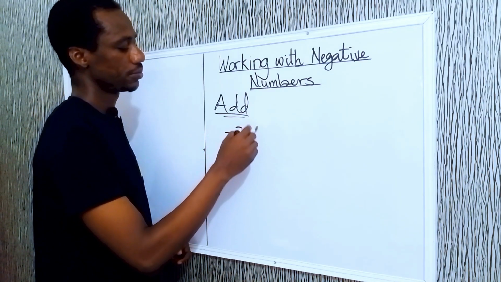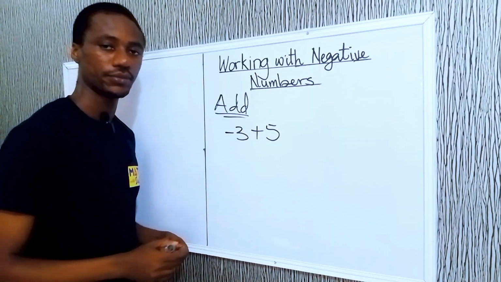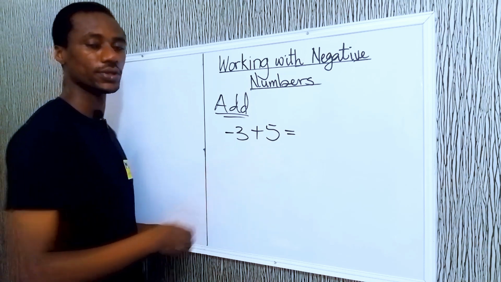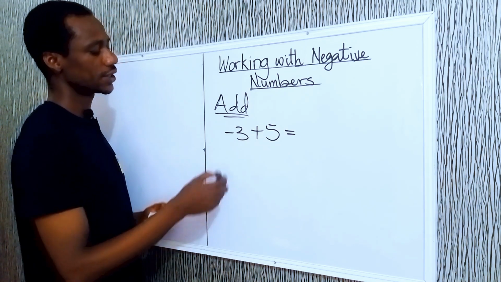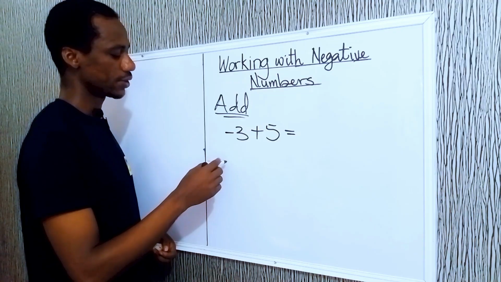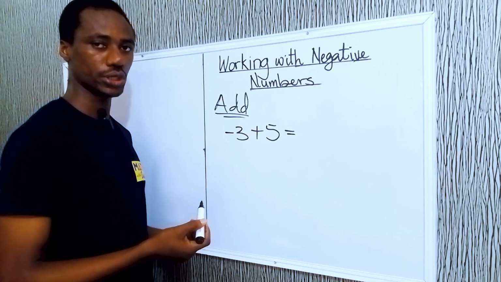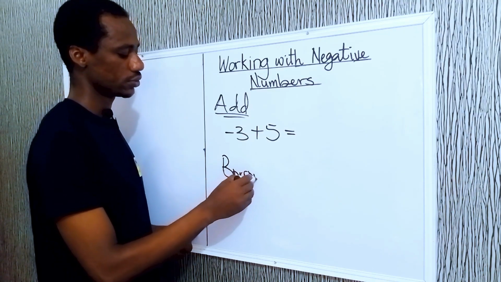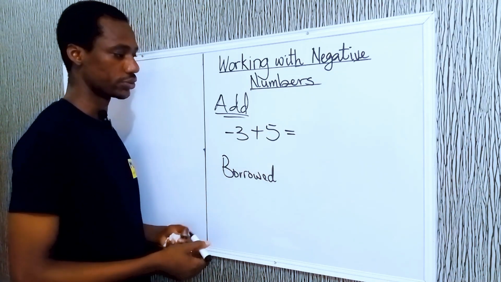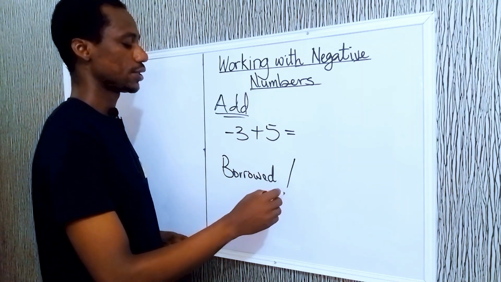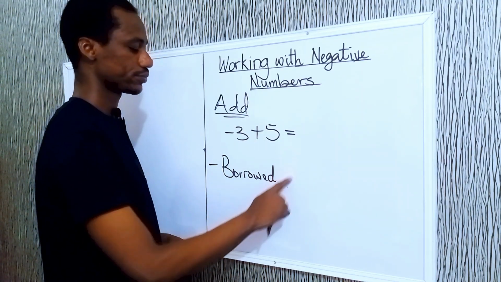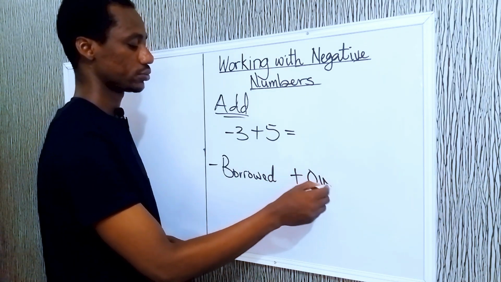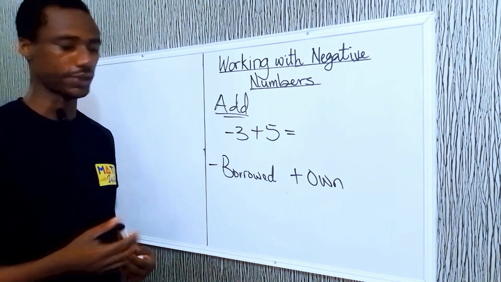Negative 3 plus 5. If you have negative 3 plus 5, how do you work with this? We take the negative numbers as the amount we borrowed or owed, and we take the positive number as the amount we have, what we own.